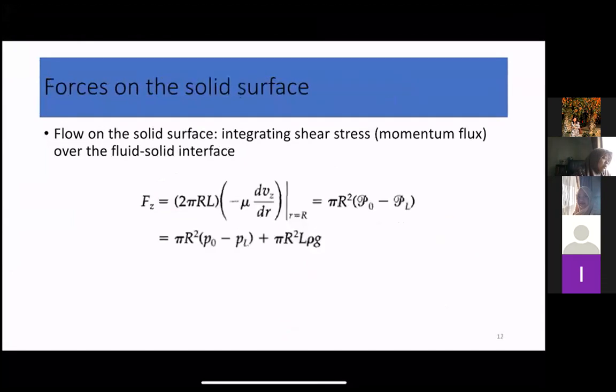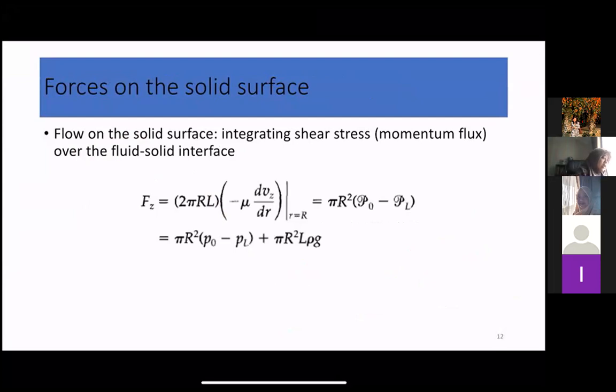Now, the force on the solid surface. On the inner wall, the force is actually the momentum flux, integrating the shear stress, with the area of the wall.